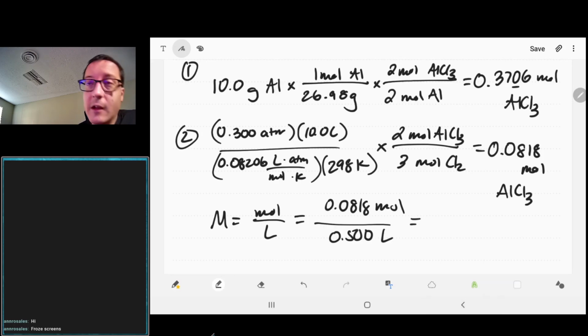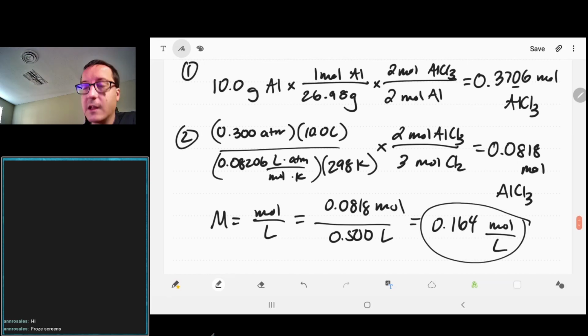We had a solution volume of 0.5 given in the question. So if we do this, we end up with 0.164 moles per liter, or just leave it as capital M. And that'll be our answer there.